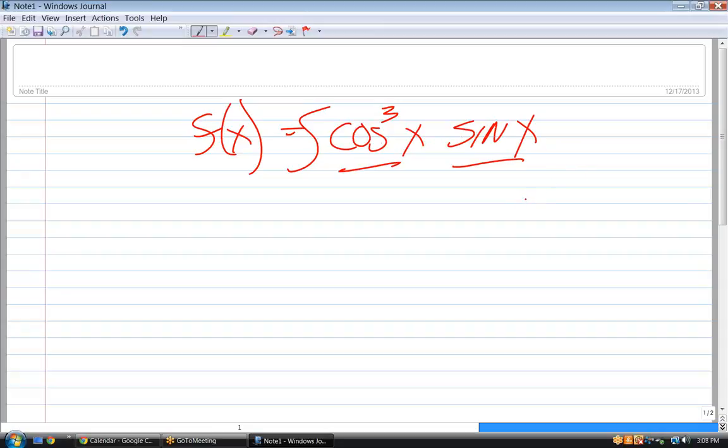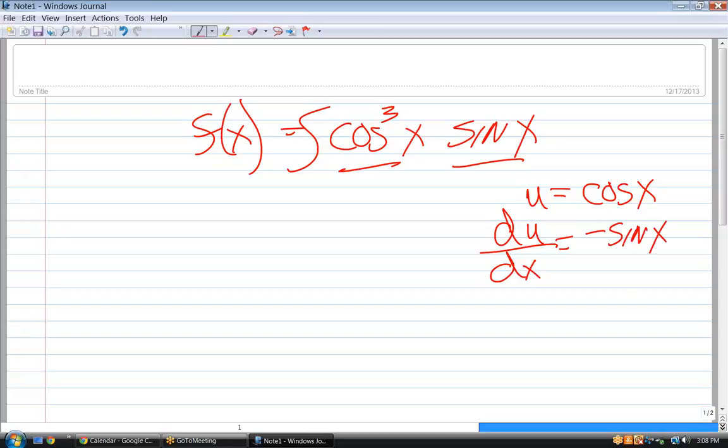Let me show you. We're going to let u equal cosine x. Now we differentiate that. du dx equals minus sine x, which makes du equal minus sine x dx.